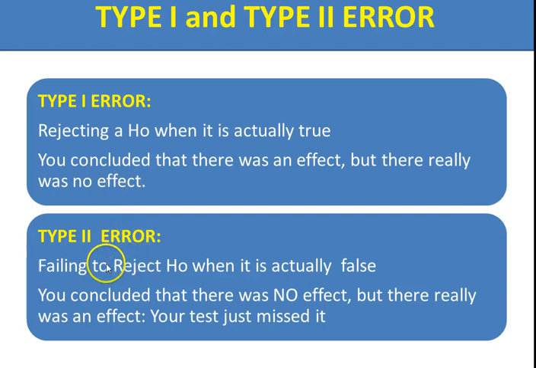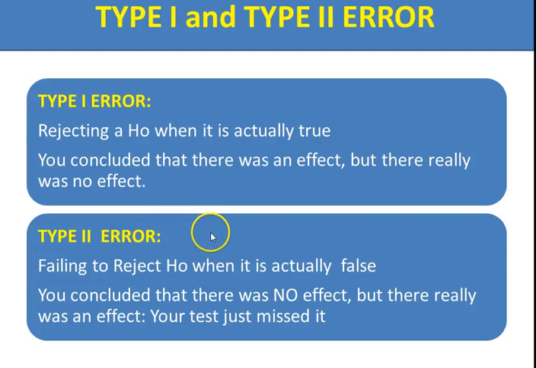If you make the decision to fail to reject the null hypothesis, you can also be wrong, and we call that type 2 error. Type 2 error happens when you fail to reject the null hypothesis and you conclude that there was no effect, but there really was an effect. Your hypothesis test just missed it.